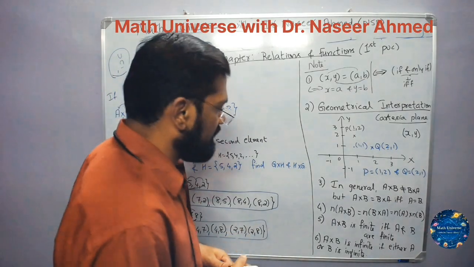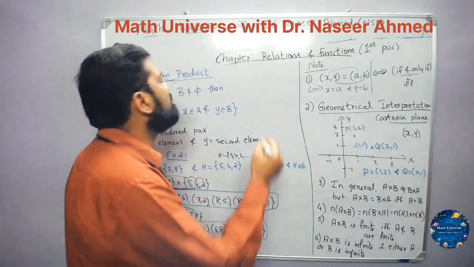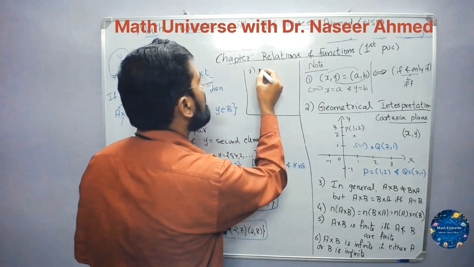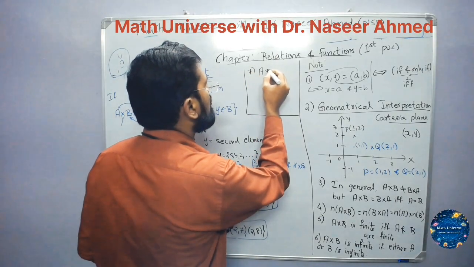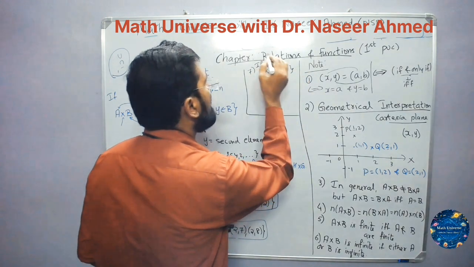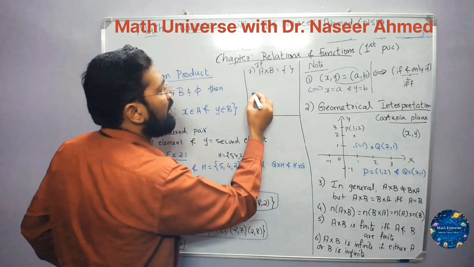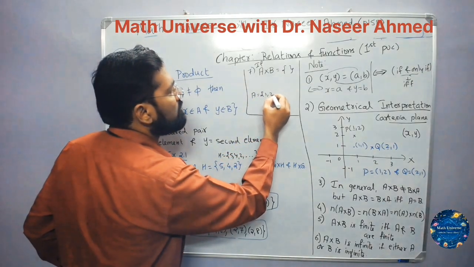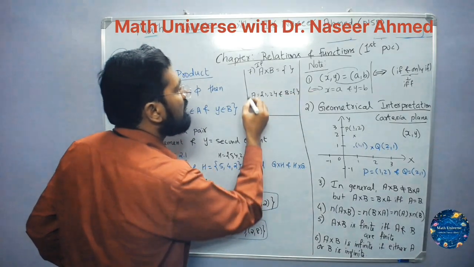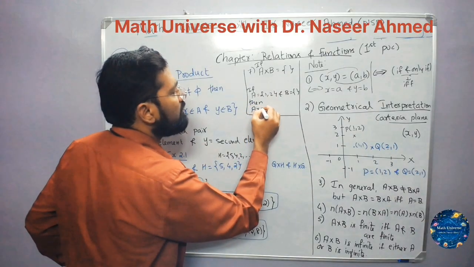I will just comment on the cross product between an empty set and a non-empty set here itself. Let us have all together at once. See carefully. What will the cross product be? If at all the cross product between the two sets is empty, then what can we comment? Let's take an example here. A is equal to 1, 2, and let us suppose B is the empty set. Then what could A cross B be?